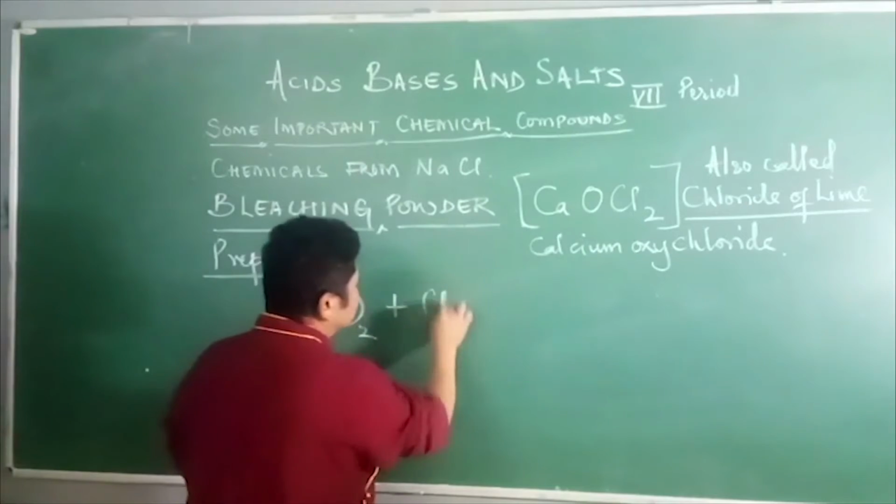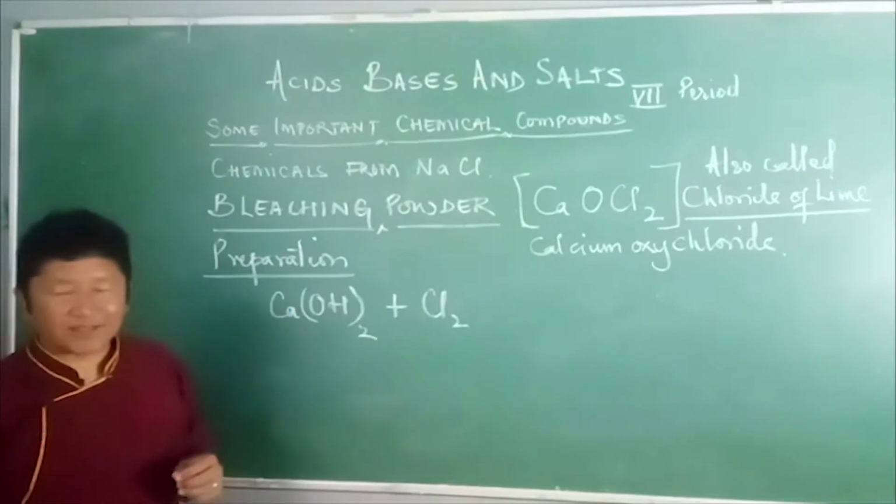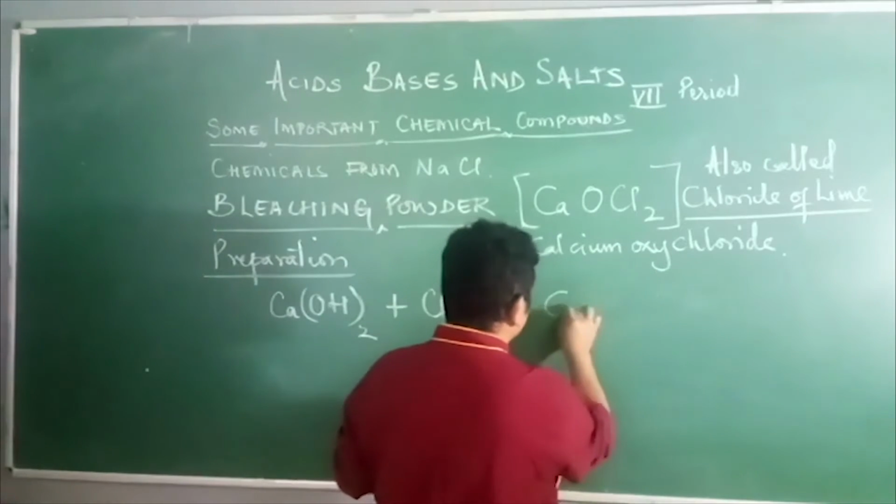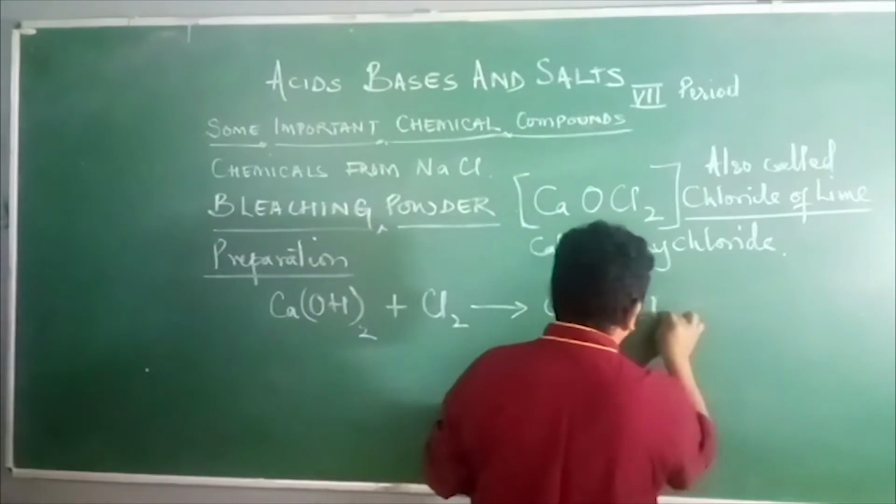If you pass lots and lots of chlorine gas over calcium hydroxide, we are going to get bleaching powder, calcium oxychloride.